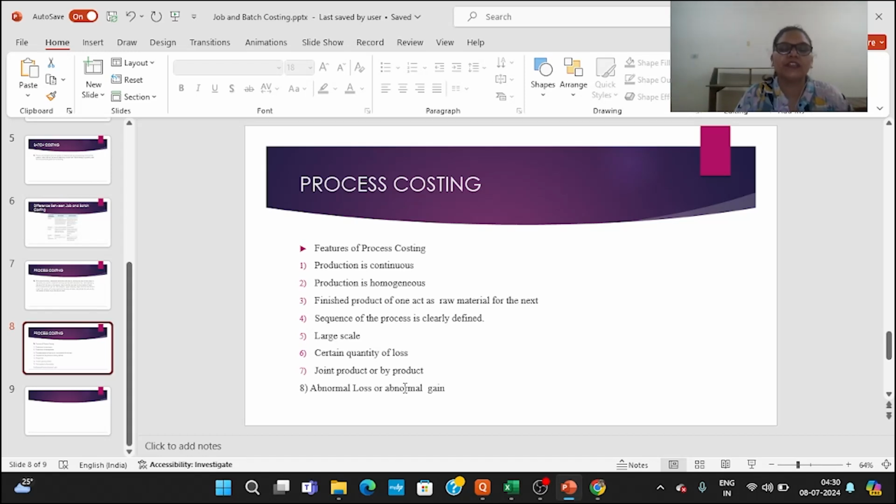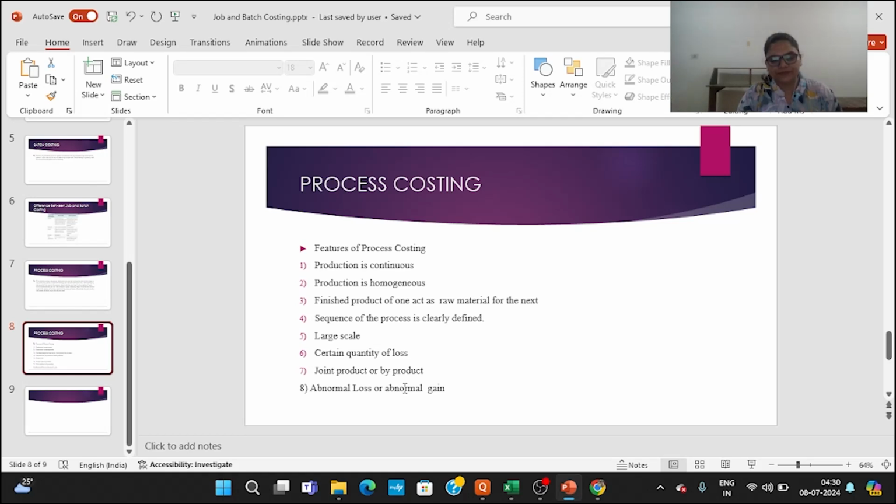For example, in case of a car, assembling of one part is directly related to the assembling of other parts. If even one process is missed, then the whole production process will be hampered. So therefore, in process costing, one process is totally related to another process and they are divided into sequences.